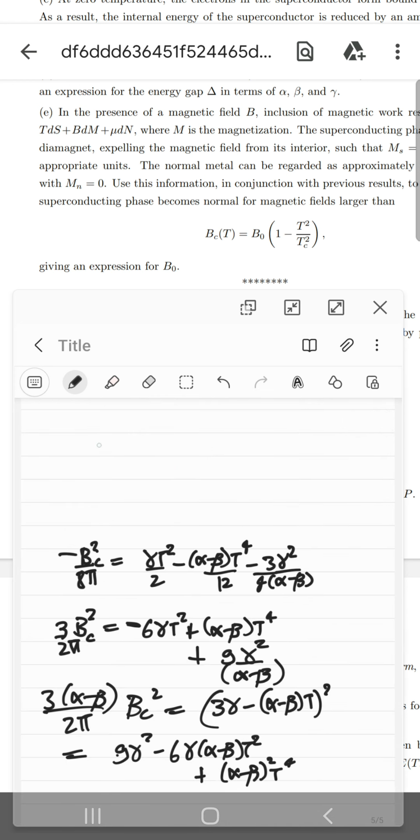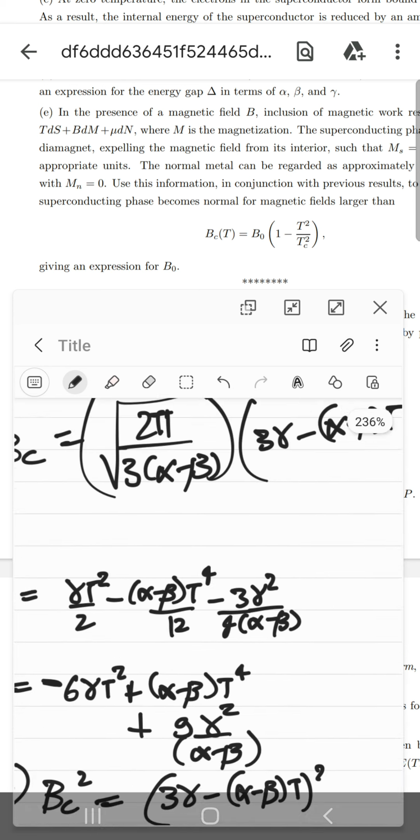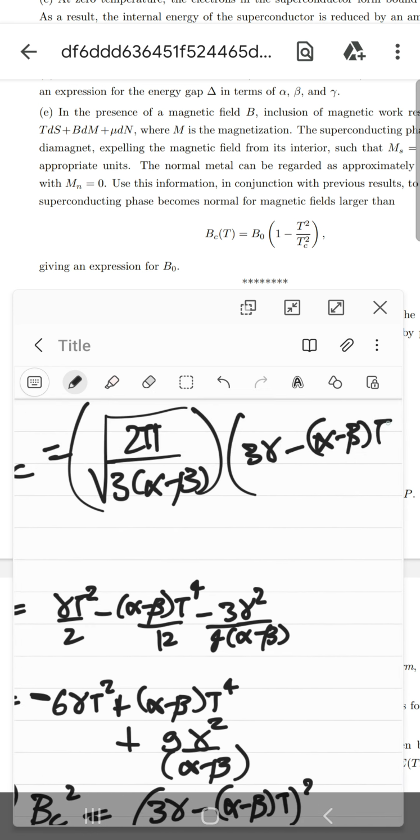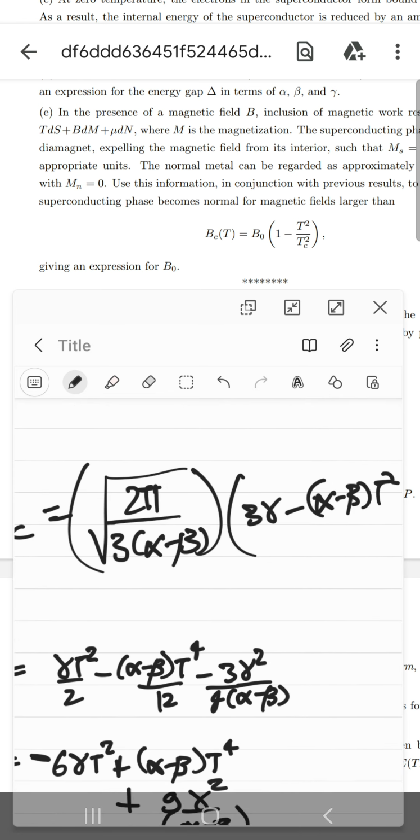So just have the critical field equal to square root of 2 pi upon 3 times alpha minus beta, this quantity, times 3 gamma minus alpha minus beta temperature. And now we can take away the 3 gamma from there, and that's going to give you what we want. Yeah, it's actually square over there, sorry. So take that 3 gamma away and then you just get this: this times 3 gamma and that times 1 minus this stuff.